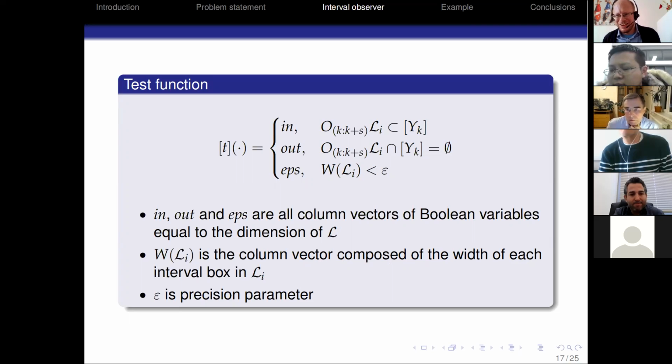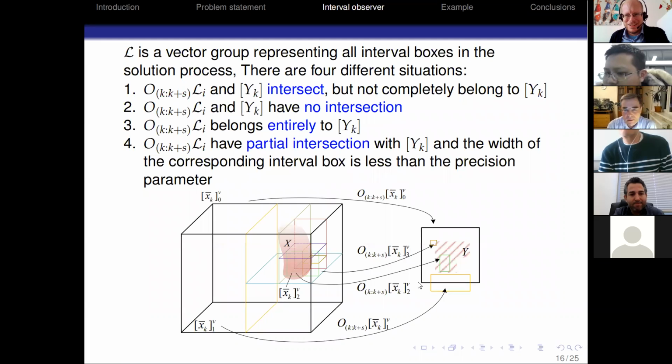I have a small remark on the terminology. Show me slide 16, the previous one. In the first line, L is a vector group representing all interval boxes. Specialists in pure mathematics know very well group representations and such things. So when I see vector group representing something, I have some associations with other subjects in pure mathematics.